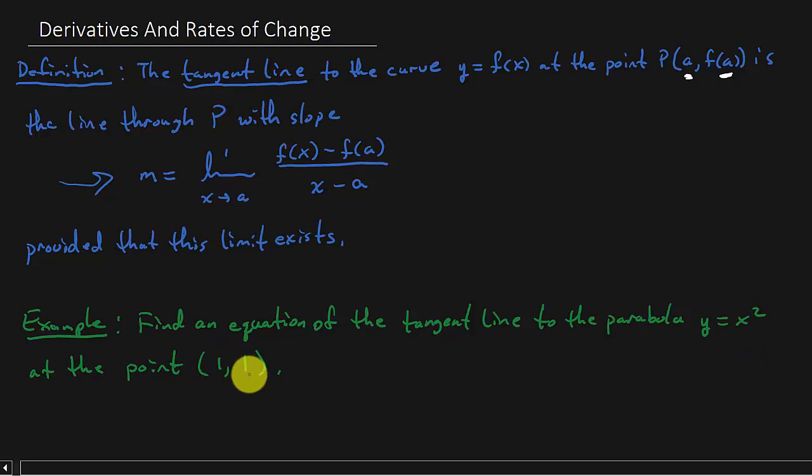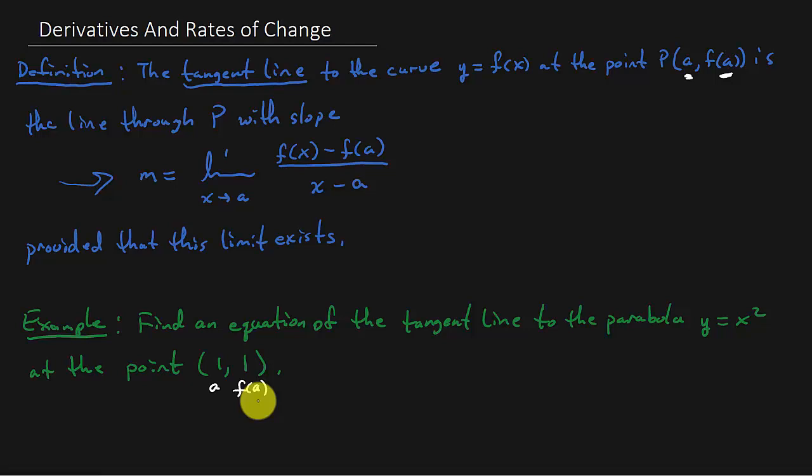So we've got f of x minus f of a over x minus a, and we're going to find the slope of the line.